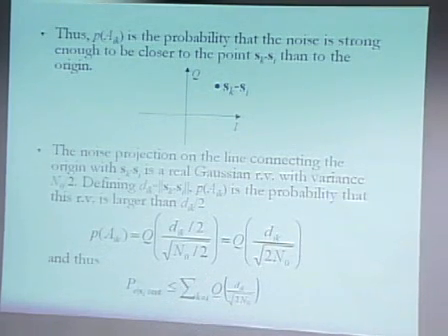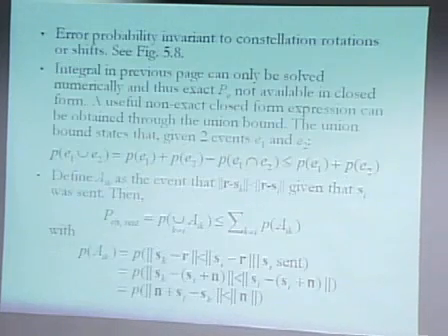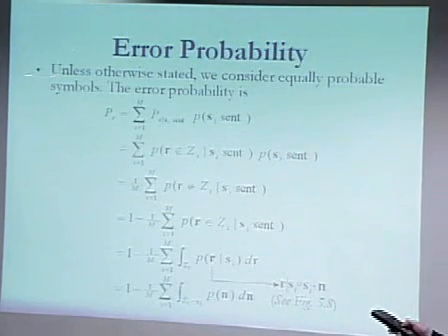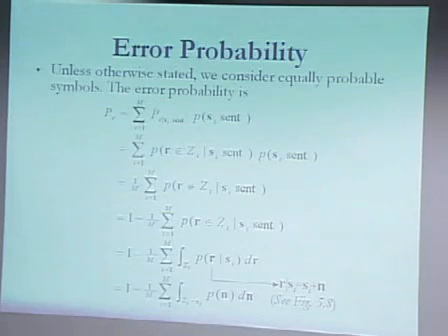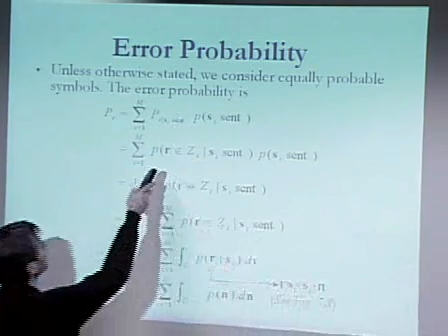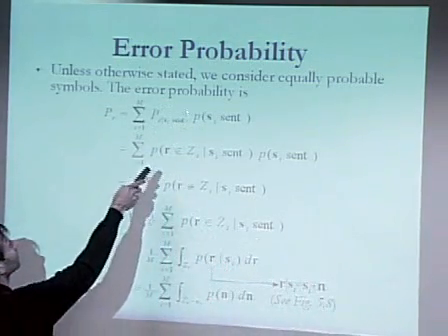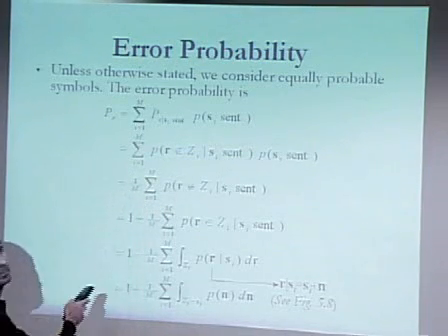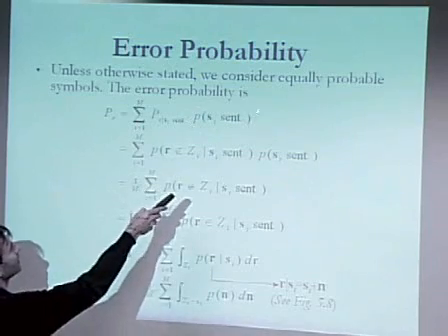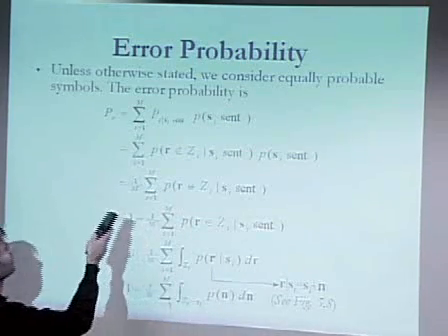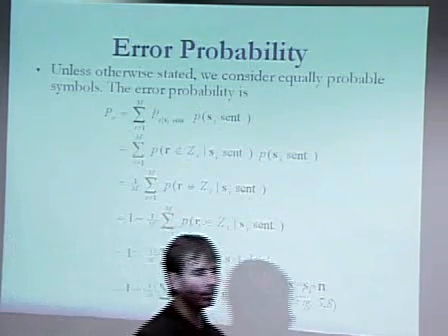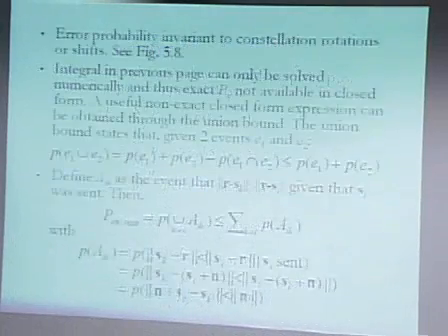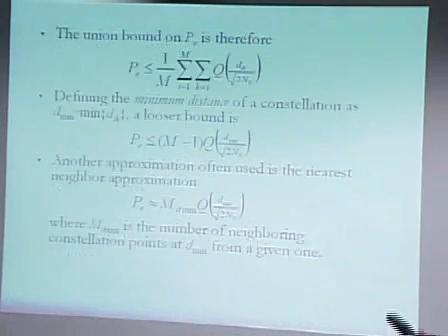Now from this we have to find the probability of error itself, right? We just derived this over here. Now we have to add them up from i equal 1 to M times the probability of s_i being sent, which is 1 over M, because these are equally probable, we said. So that's going to give us this formula.